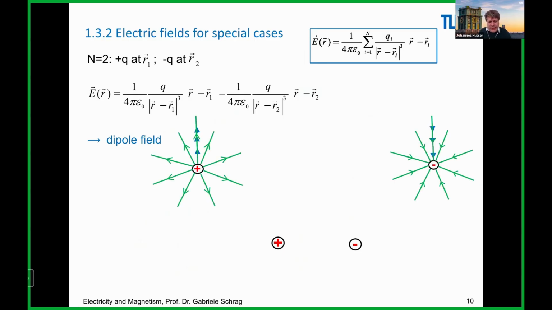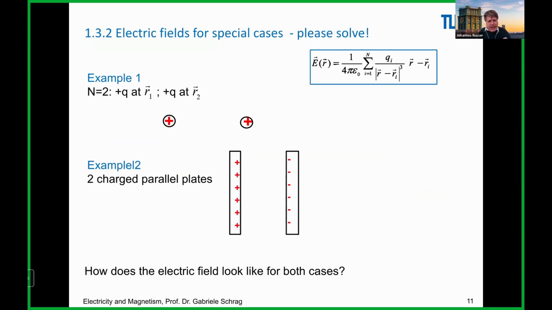And what I would like you to do, because actually it's not time to close yet, and I have to check whether these slides are already up or not, is think about how you would plot these two examples. You have two charges, plus charge here, plus charge here.